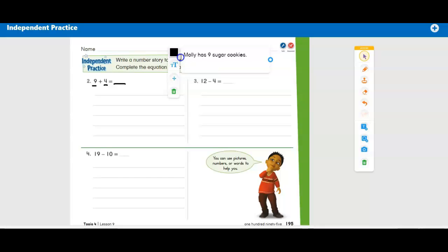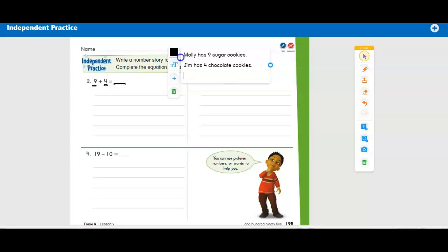Then we could say Jim has 4. I like chocolate. How about we do chocolate cookies?